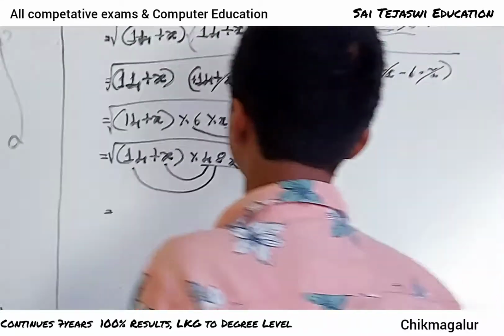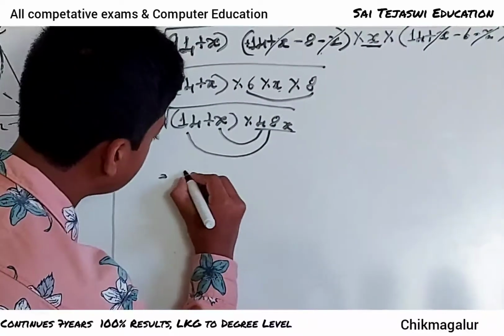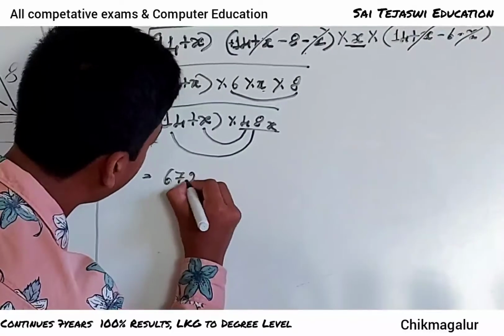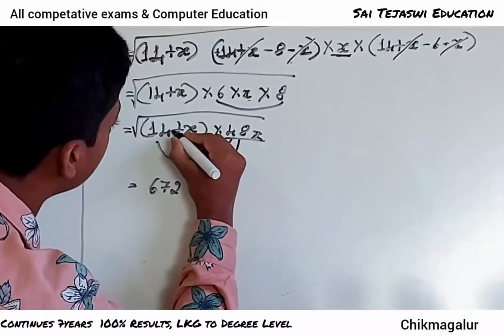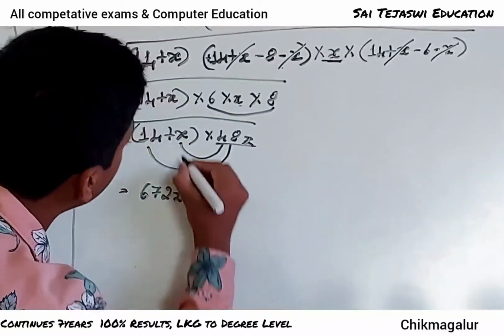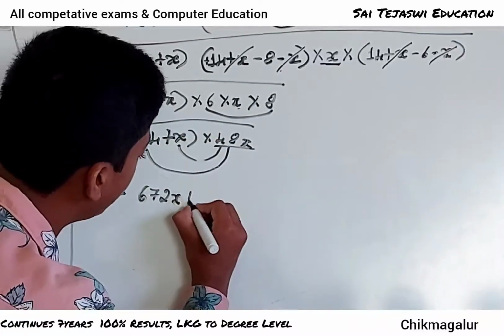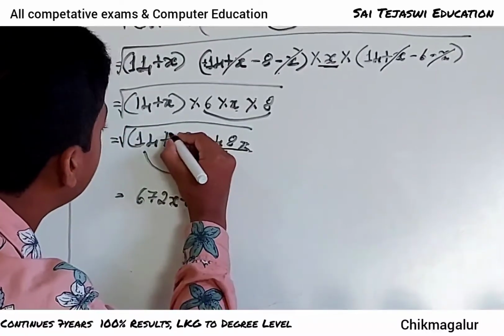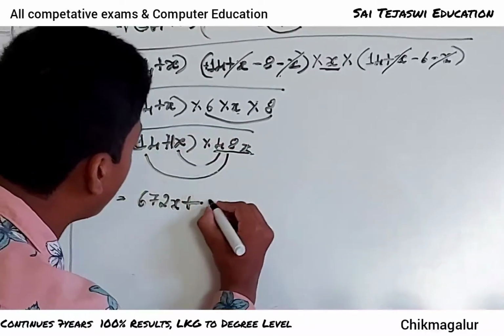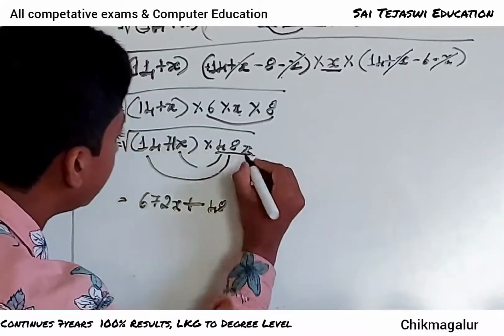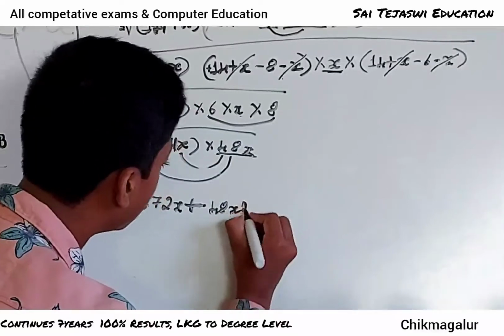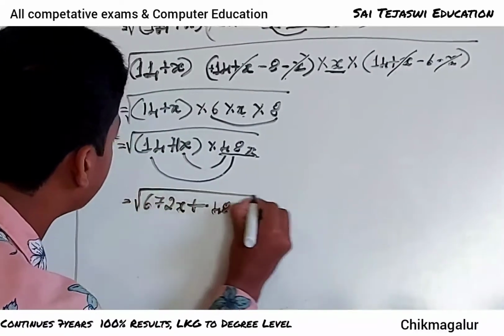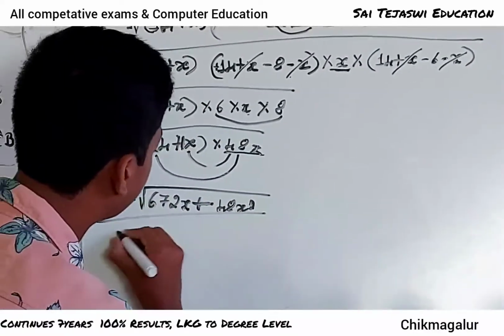We got 672. So we'll write 672. And here there is only x, here there is no x, so we'll write it as x. And here the symbol is plus, so we substitute plus. And here nothing is there, means 1. 48 ones are 48, and x into x will become x squared, which is square root, which is the area.